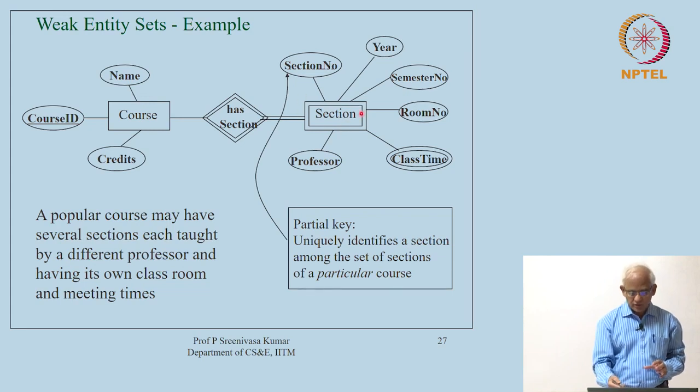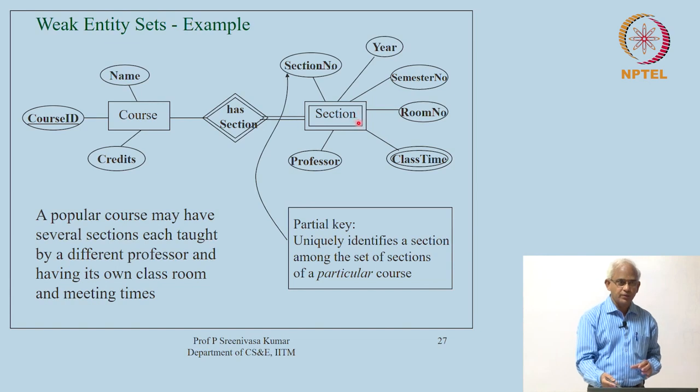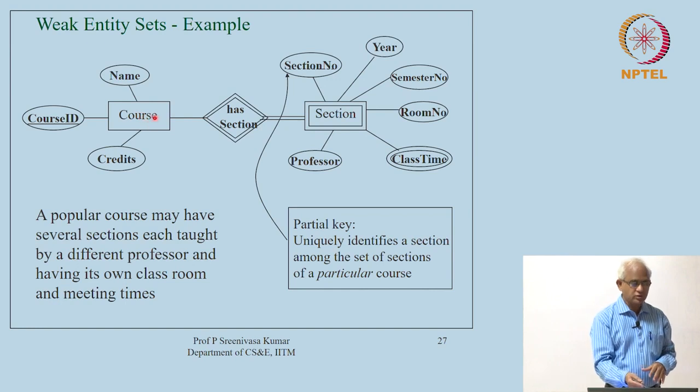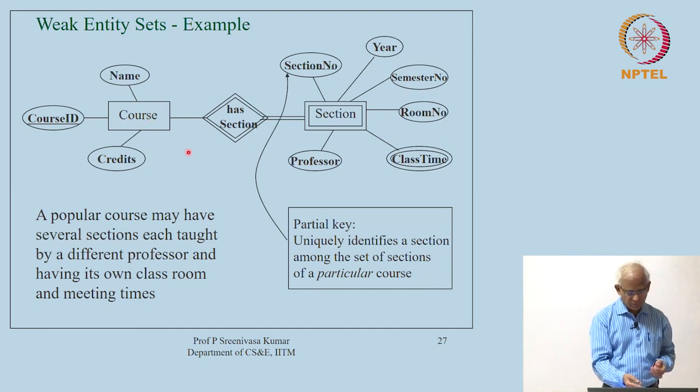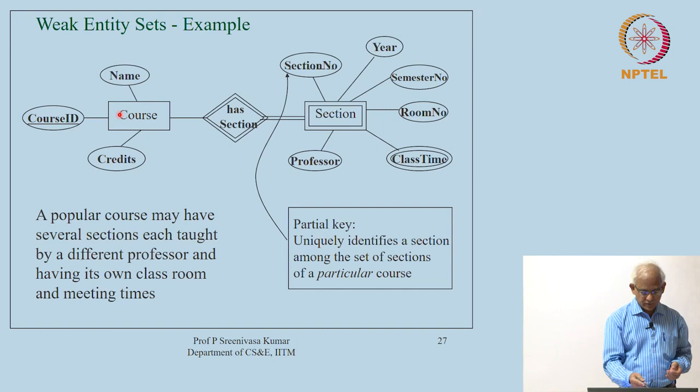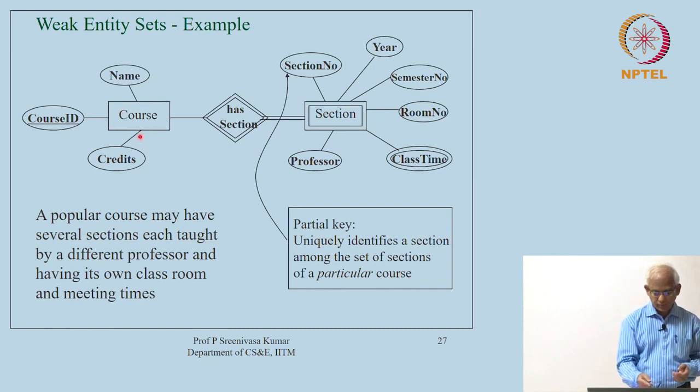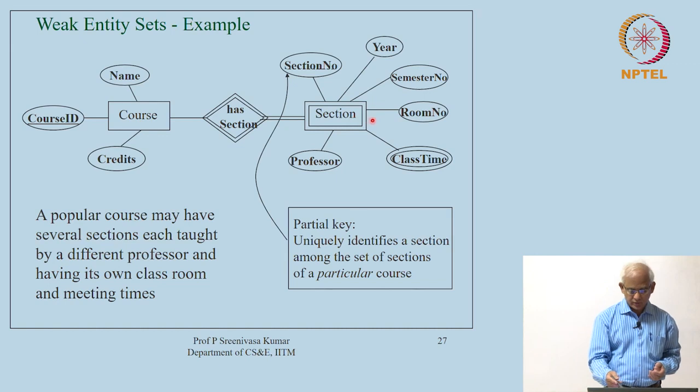There will be multiple sections associated with the course, and so we model this as a weak entity, mainly because it owes its existence to the strong entity, this database systems course, or whatever course it is. And we call this has-section relation the identifying relation, and this is called a weak entity, and this is called its corresponding owner entity, and we show the arrangement like this.